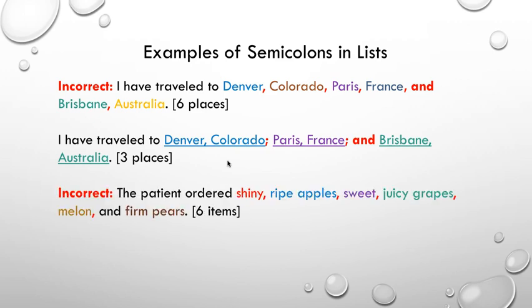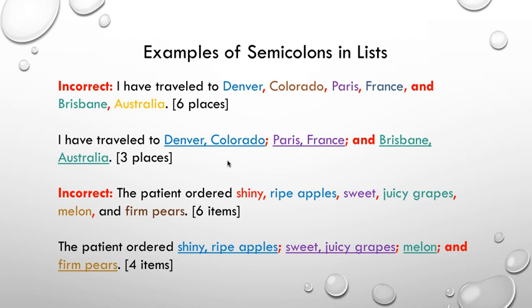Another example of incorrect formatting is if you have a comma between these multiple items on this list. So the patient ordered shiny, comma, ripe apples, comma, sweet, comma, juicy grapes, comma, melon, comma, and firm pears, and I have no idea what's going on, right?